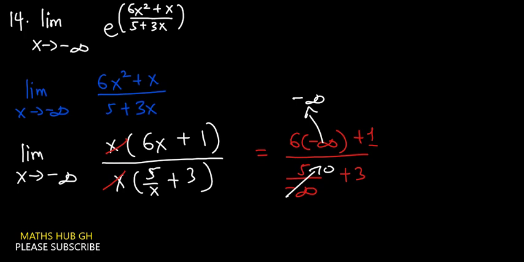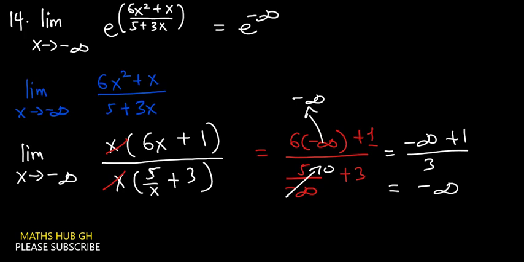So at the end, you are just going to have minus infinity plus 1 divided by 3, and this will give us an answer of what? Minus infinity. So our limit will be equal to e to the power of minus infinity. Raising e to the power of a very large negative value will give us 0. So that will be the answer for this question.